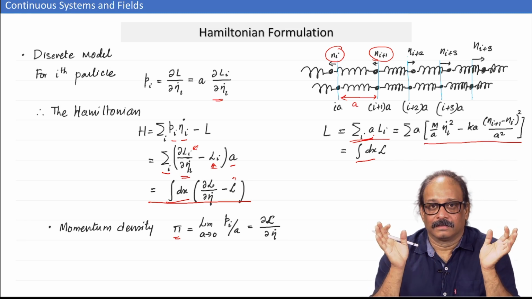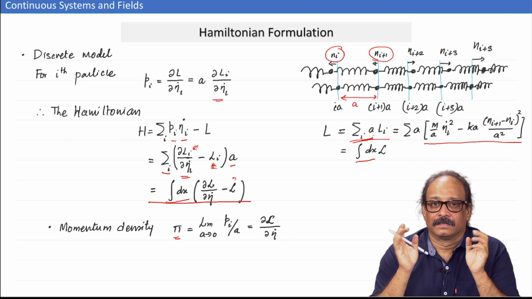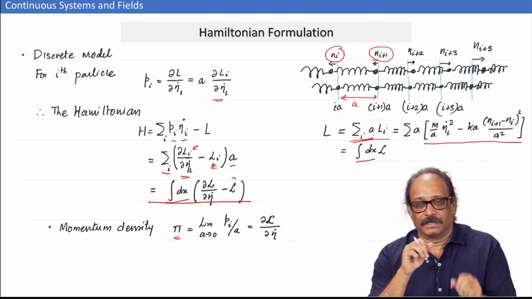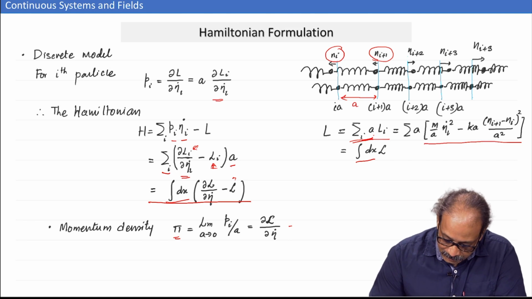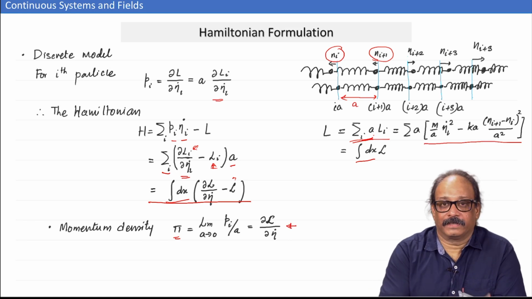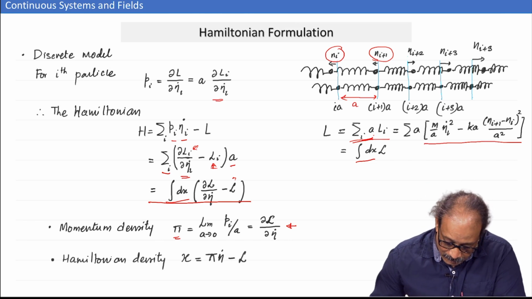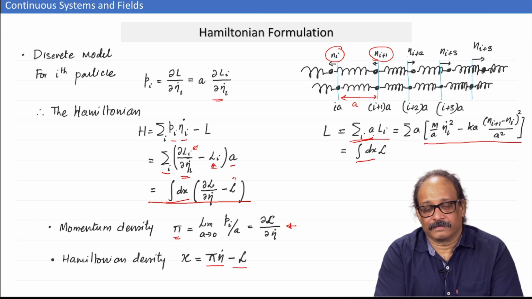So, you take the sum of all the momenta in some neighborhood, divide by the length or volume of the neighborhood, and then you get this momentum density. And in the same way, define the Hamiltonian density. So, Hamiltonian density will be pi eta dot minus the Lagrangian density.